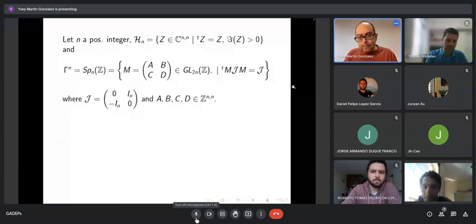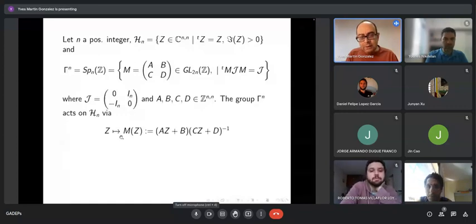All right. Now, this group acts on this complex analytic manifold in the following way. Z goes to MZ, where MZ stands for AZ plus B, this n by n matrix, multiplied by CZ plus D inverse, another n by n matrix.